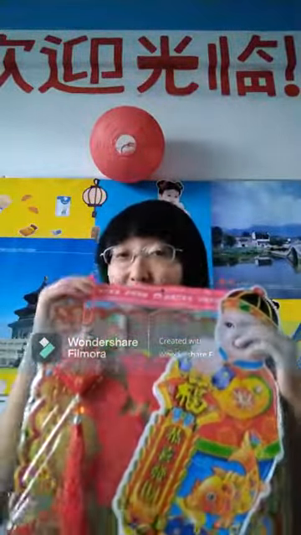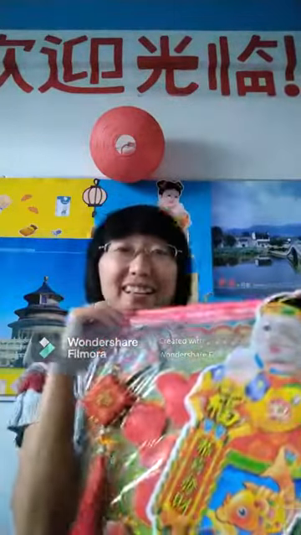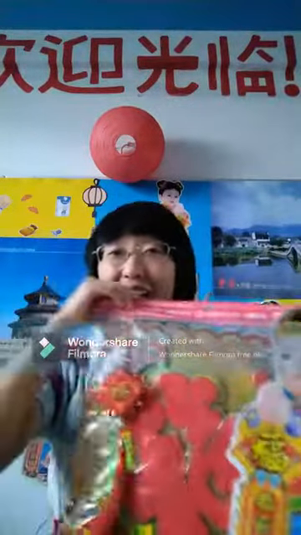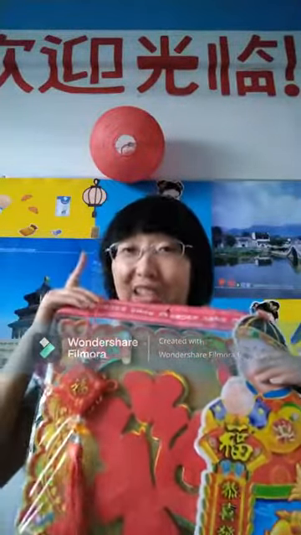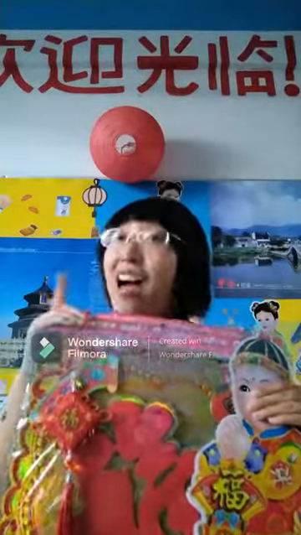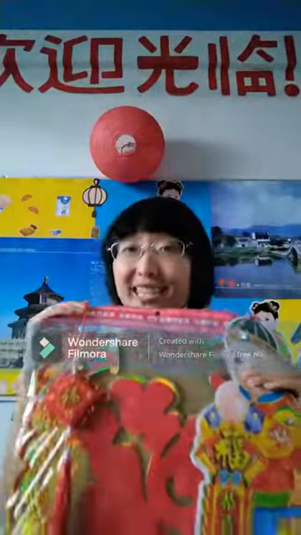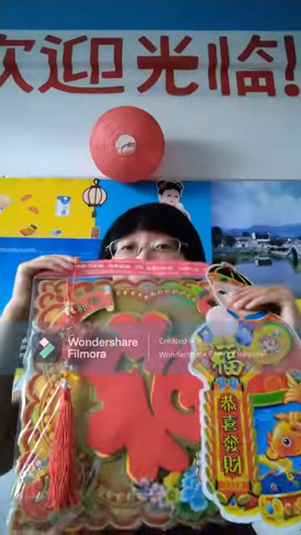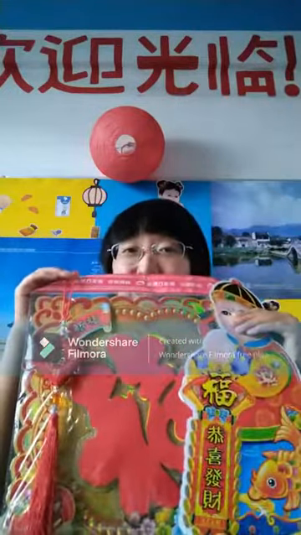Who can find something in common? So here, look, I have 3 decorations, but there is one character appearing all the time. So what character is it?